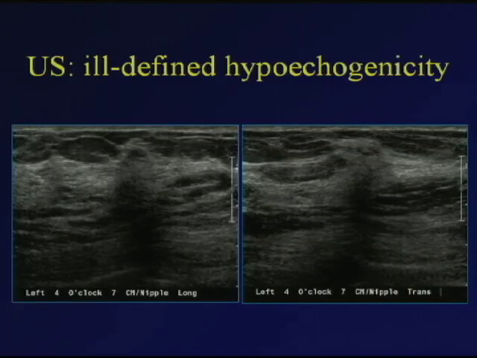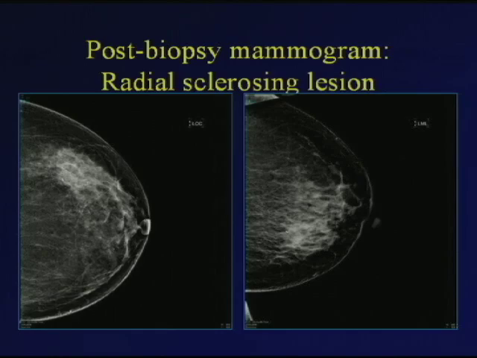And knowing the location of the mass on MRI, which was in the inferior aspect of the breast and lateral, we were able to find a very ill-defined hypoechoic area which showed some shadowing. And we were able to biopsy this and got radial scar out of it, or radial sclerosing lesion. And here's our post-biopsy mammogram showing the site of that lesion with the clip in place.